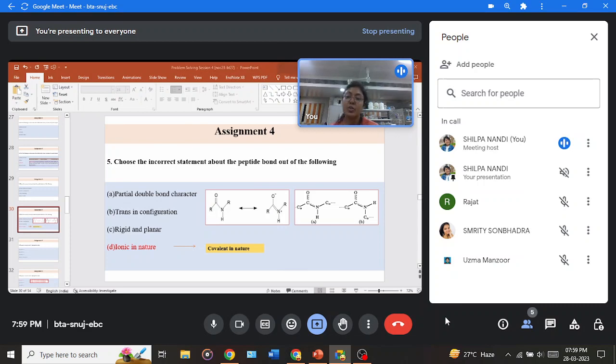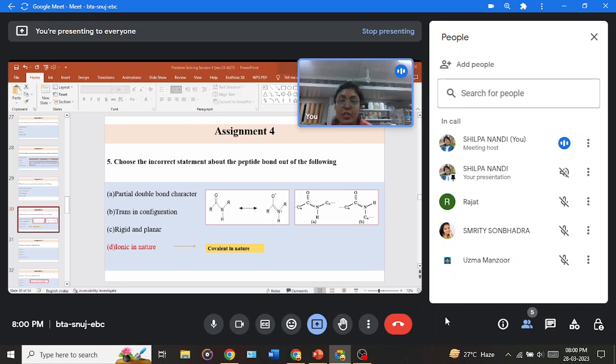And talking about option B, that is trans in configuration. If you look at the second figure, which is divided into A and B, when you see figure A, it has O and C alpha on one side of the C-N, that is the peptide bond, and C alpha and H on the other side of the peptide bond.